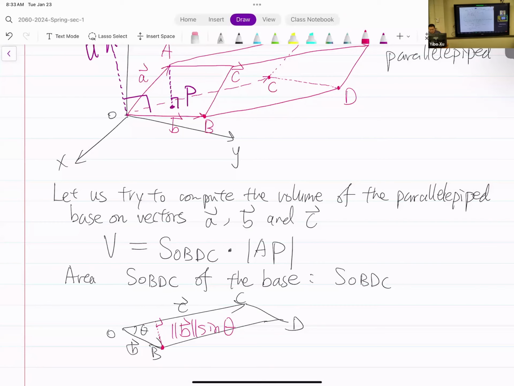And now, what do you think about the area of this parallelogram? This should equal to what? Do we need something else to multiply? Right here.